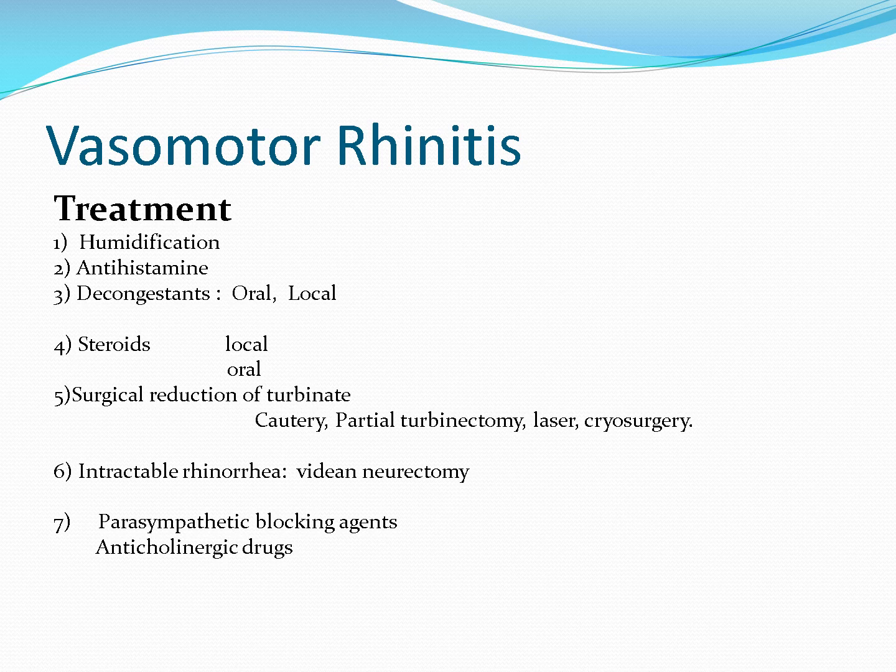If there is hypertrophy of the turbinate, surgical removal, cautery, and laser surgeries are indicated. Sometimes, if there is severe rhinorrhea and these things are not helpful, then Vidian neurectomy is done. The Vidian nerve contains secretomotor fibers and supplies the seromucinous glands, so Vidian neurectomy is indicated.